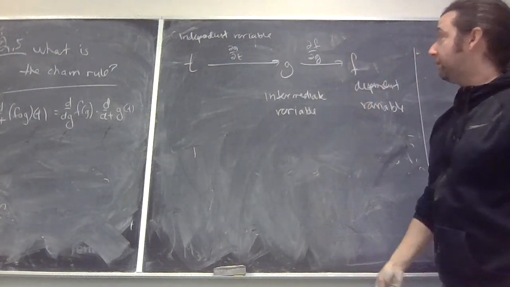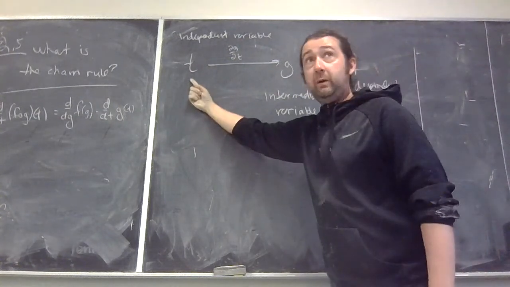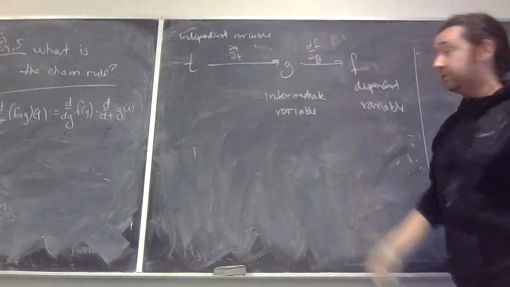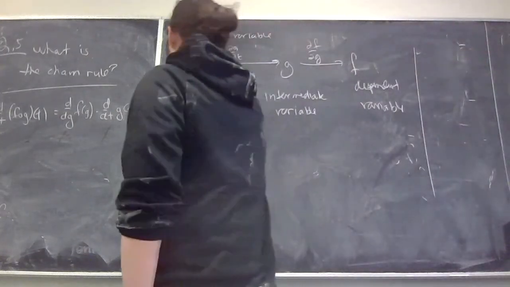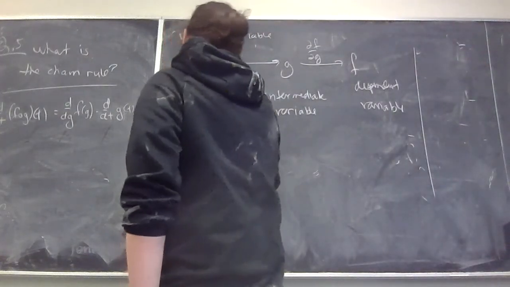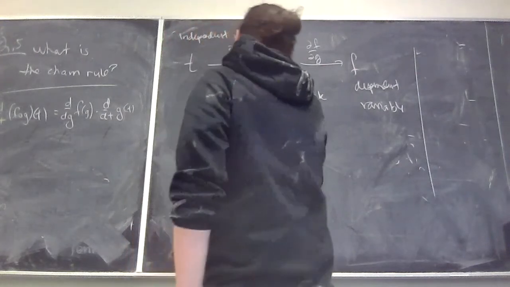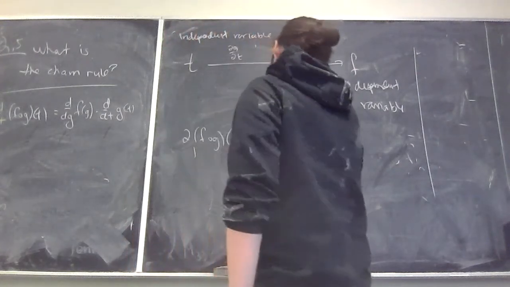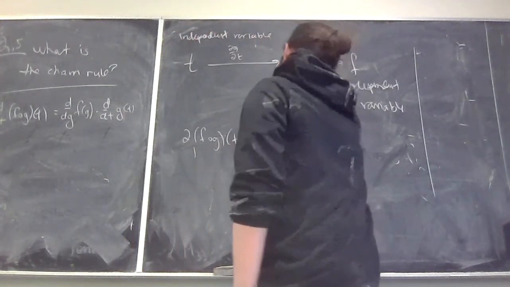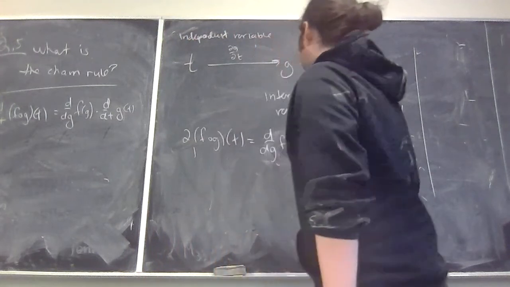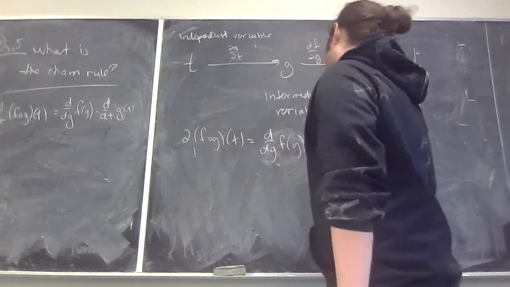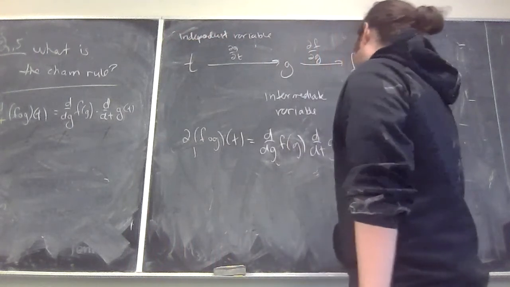So the chain rule can be read off just by starting here at the independent variable and reading across until you get to the dependent one. So the total derivative of f composed with g of t is equal to df dg times dg dt, that is, d by dg of f of g times d by dt of g of t.